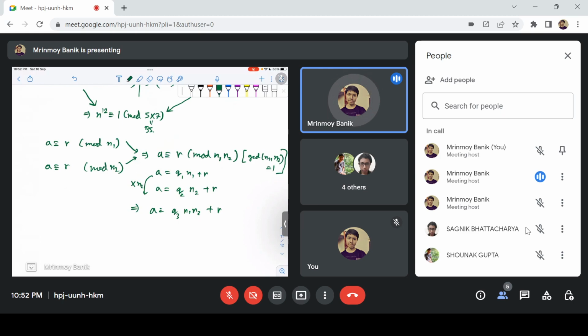And to show that, just equate both of them. So we get Q1 N1 plus R equals Q2 N2 plus R. R gets cancelled out. We have Q1 N1 is Q2 N2.